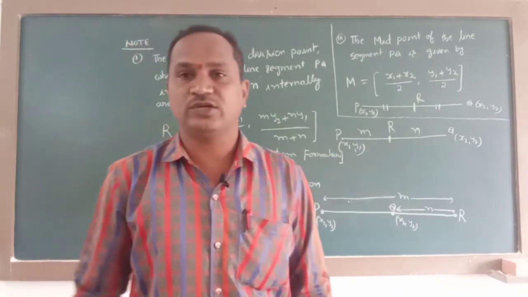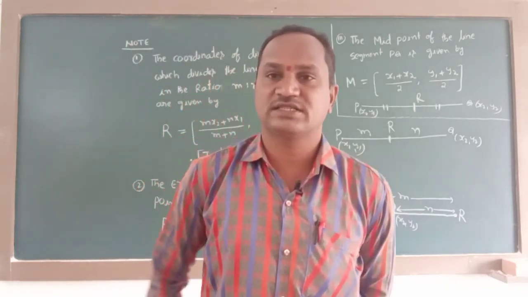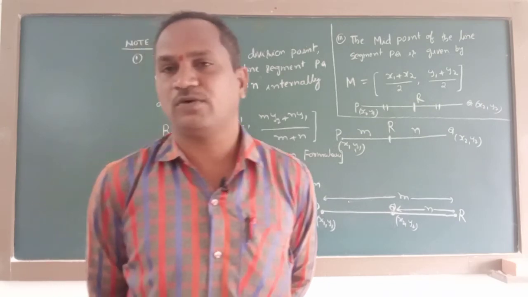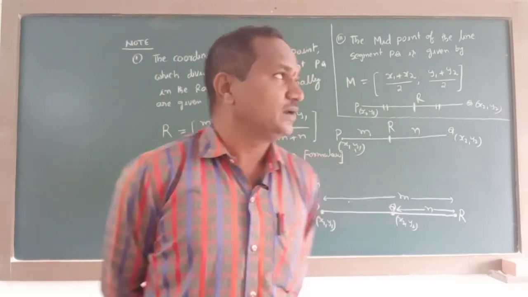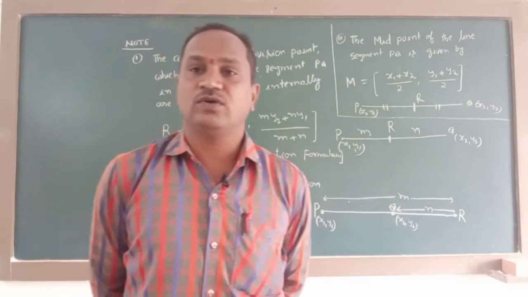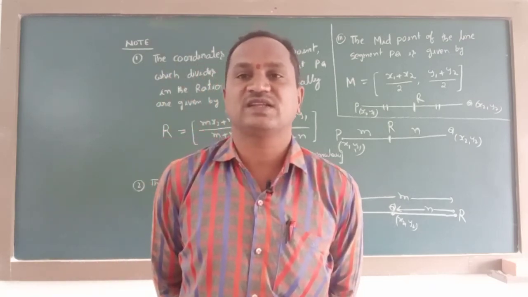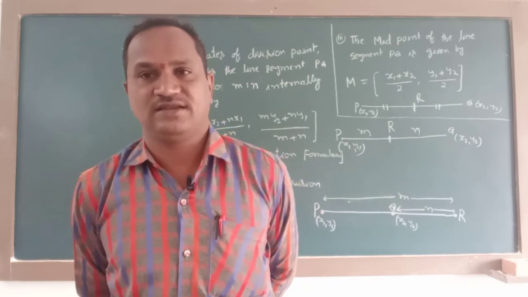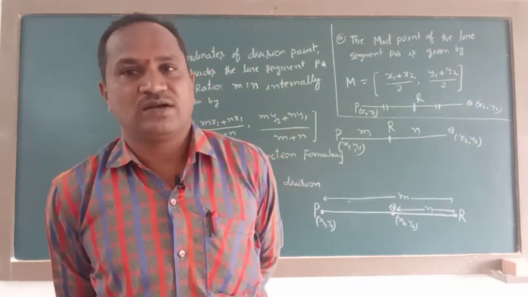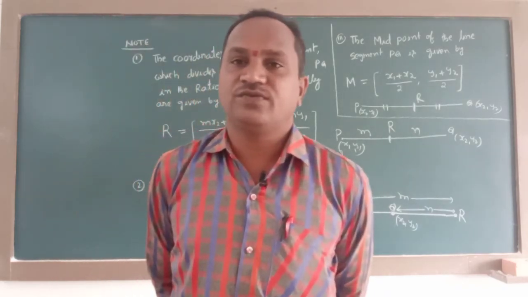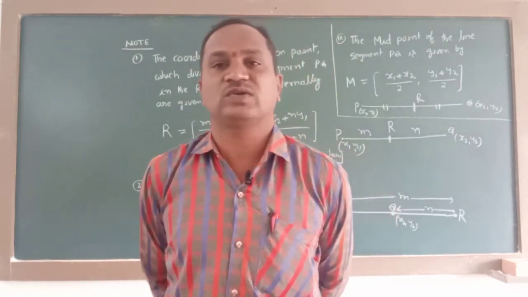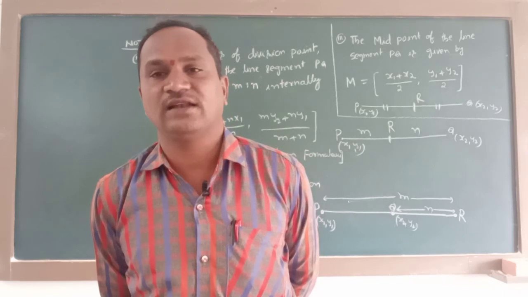Today I told one important theorem, the distance between two points. At the same time I have given some important points also. From next class onwards I will give some more important points under the notes: the conditions to show collinear points, how to find the area of a triangle, and how to show points are collinear with respect to the area of a triangle.